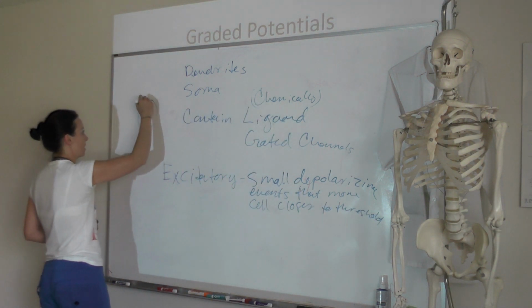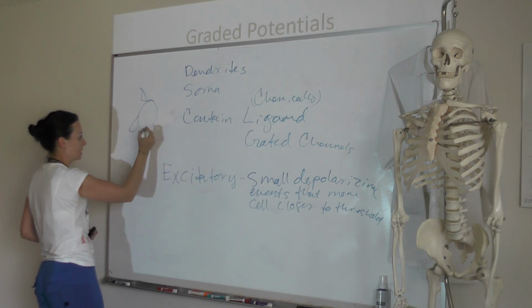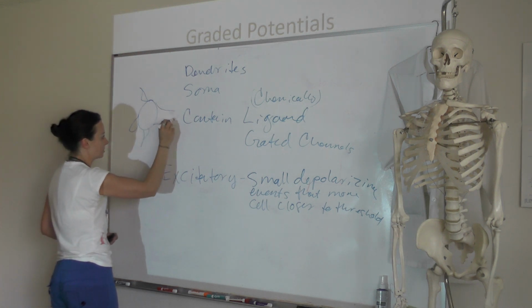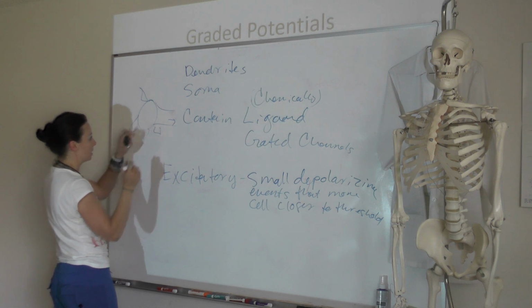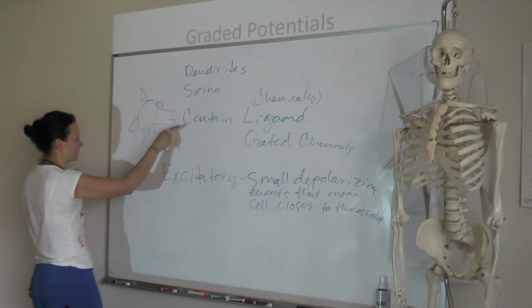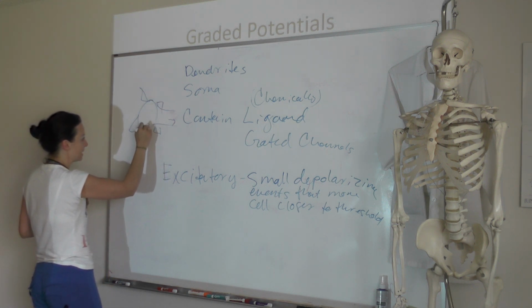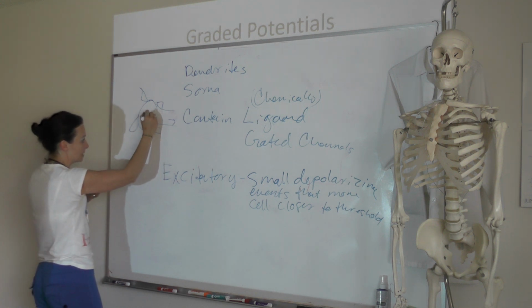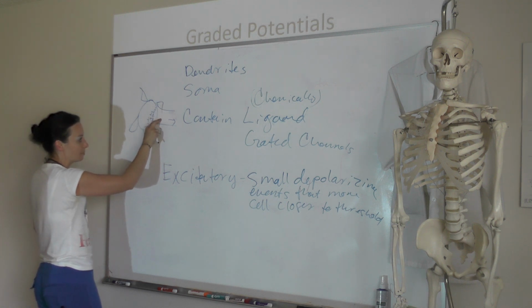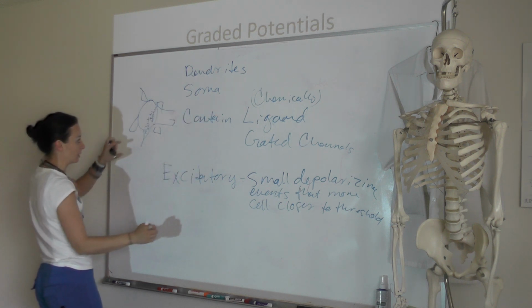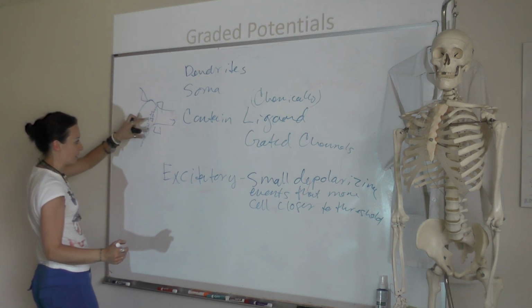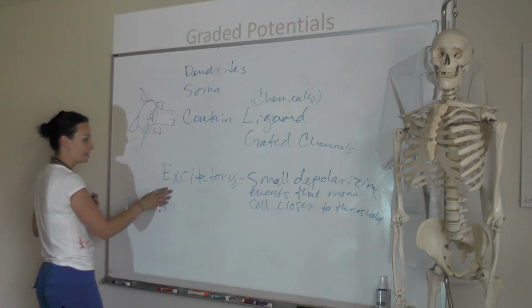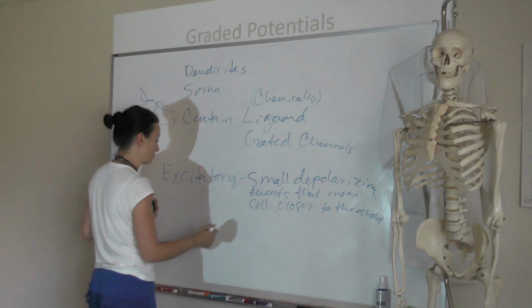Okay, so if we think about the receptive segment is here and our axon is here. Right here in the axon hillock is the initial zone where we're going to trigger an action potential. So if in here I get a net positive current that gets me from -70 to -55, then I'm going to start my action potential and it's going to go. So graded potentials are occurring here in the receptive segment, and the excitatory ones are going to move you closer to threshold.